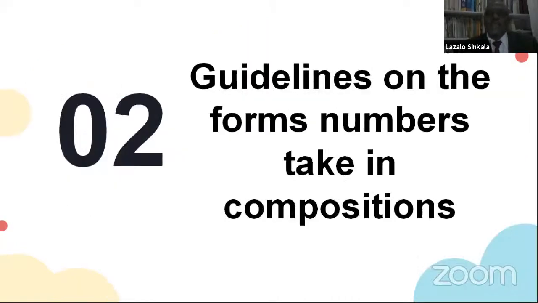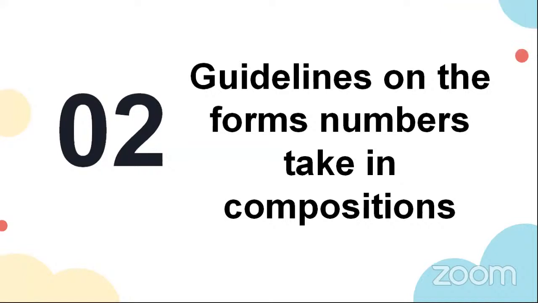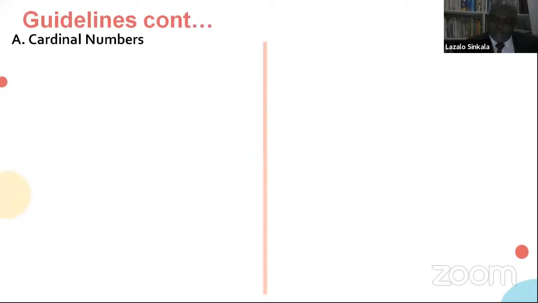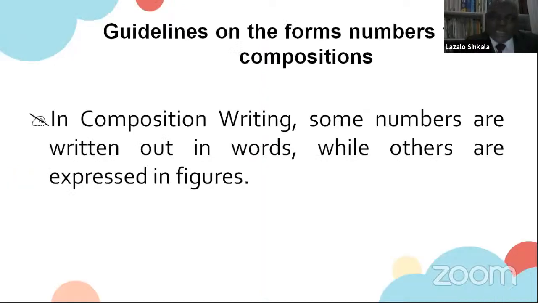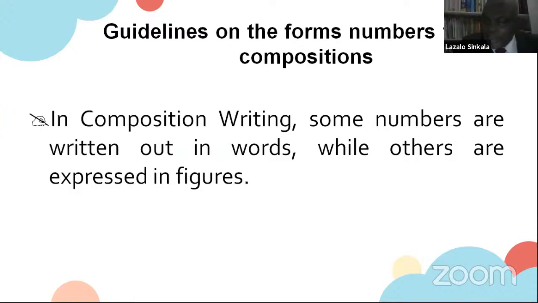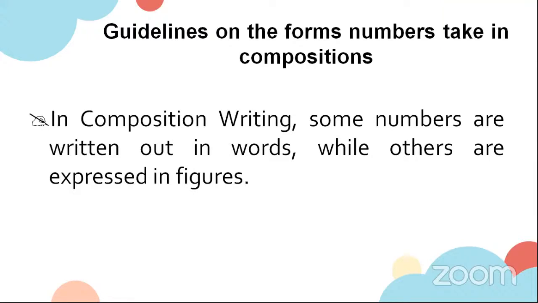Let's look at the guidelines on the forms numbers take in compositions. In composition writing, some numbers are written out in words, while others are expressed as figures. Again, here I must emphasize, and these are things we need to impart in our learners: in composition writing, not all numbers are written as figures.